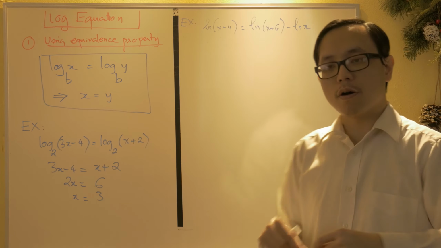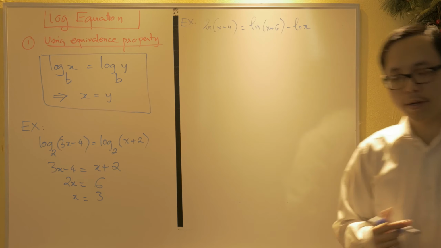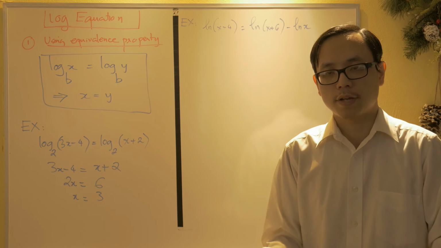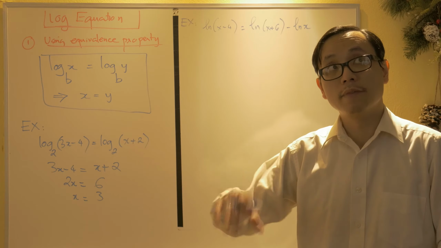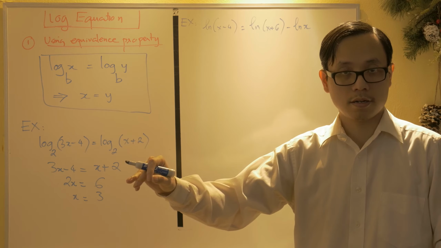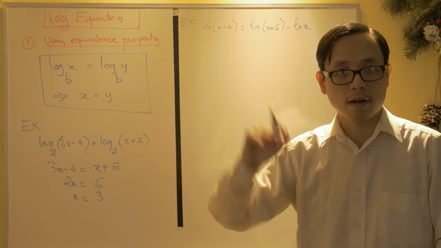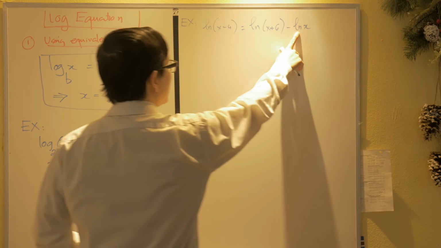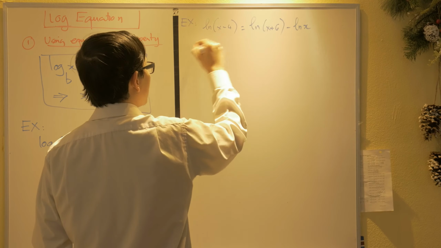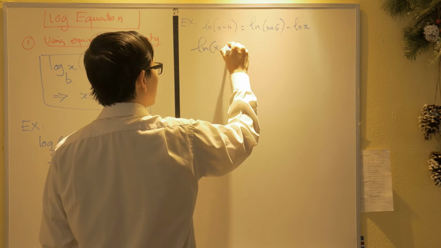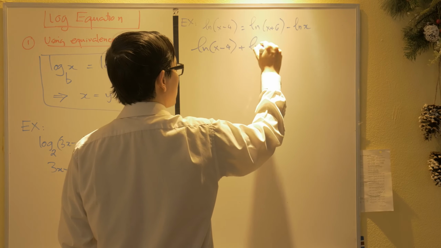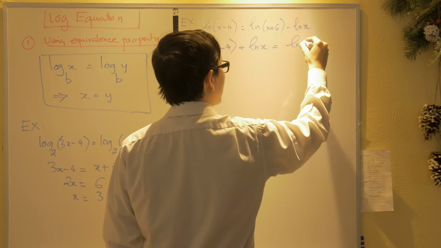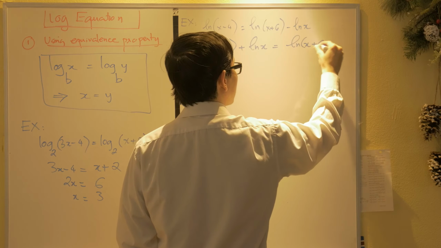In a previous video, I also talked about some properties, right? Remember, when we add two logs together, or subtract two logs, it gives you the log of the product and the log of the quotient. So if I move this log over here to the left hand side, it becomes a positive log, and this log I keep on the left hand side.